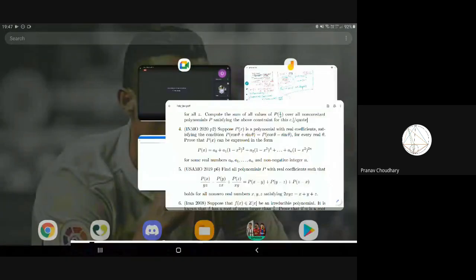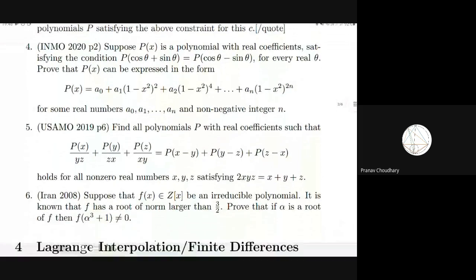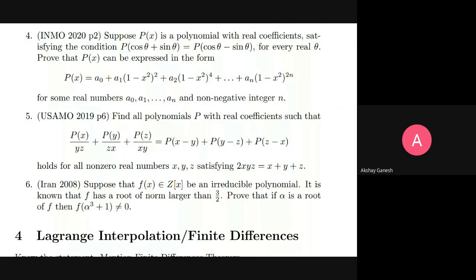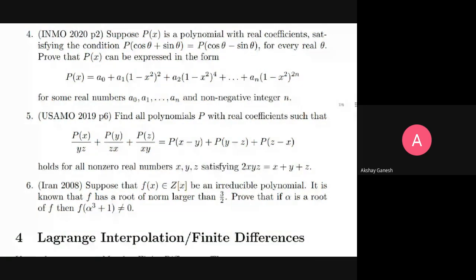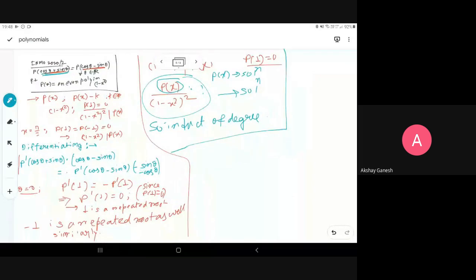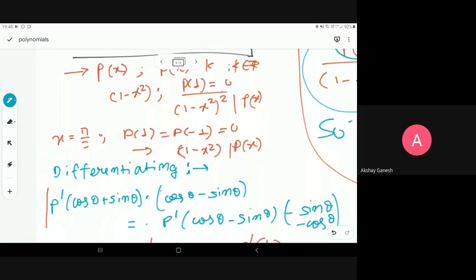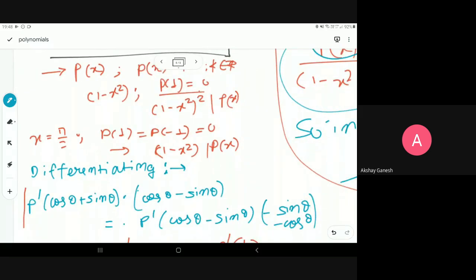Does anyone have any questions or doubts from this solution? After p of 1 equals 0, how did you conclude 1 minus x squared divides p of x in the last line? Can you repeat what you just said? When you had written p of 1 equals 0, how did you conclude 1 minus x squared whole square divides p of x? First, you prove that 1 minus x squared divides p of x.